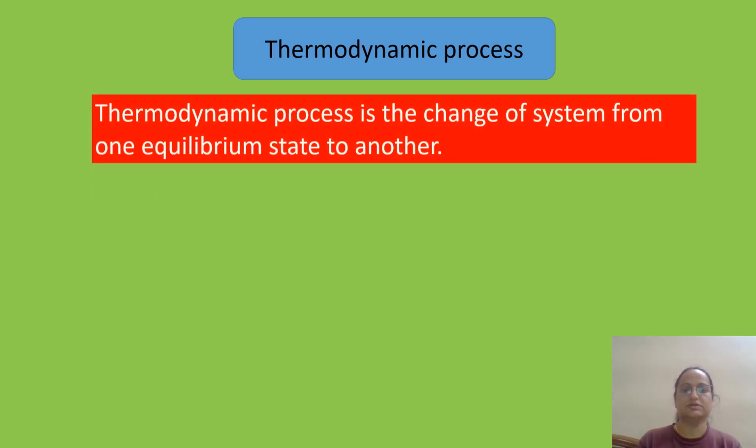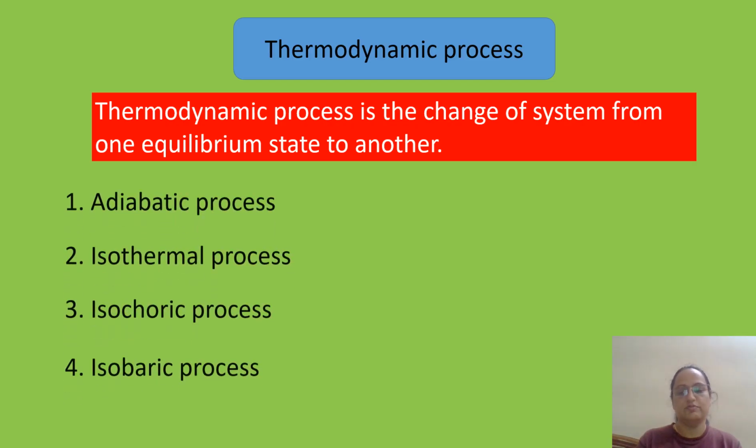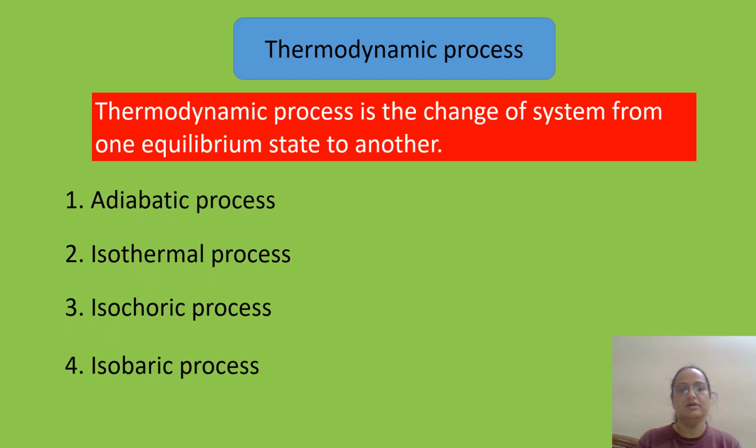Next is thermodynamic processes. So what is a thermodynamic process? It is the process in which the system changes from one equilibrium state to another. There are four types of thermodynamic processes that we study: adiabatic process, isothermal process, isochoric process, and isobaric process.